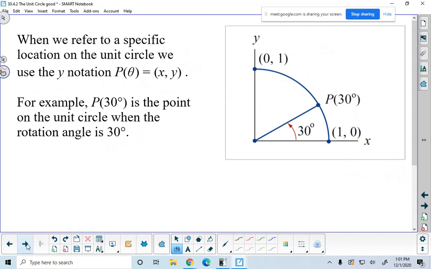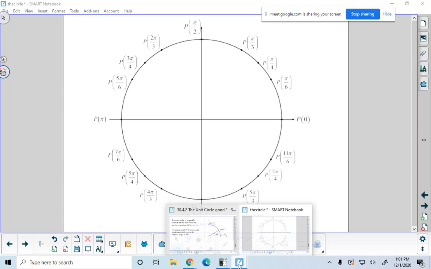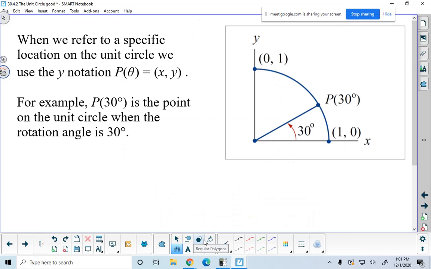Okay. So now you're going to have that unit circle handout in front of you. You were looking at this handout while you were looking at the lesson. So the first thing is, what does this notation mean? P brackets some angle. Well, I'm telling you what it means here. If I said P brackets 30 degrees, that's P of a function of 30 degrees.